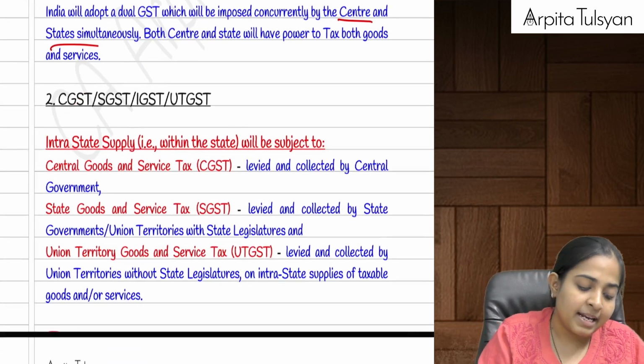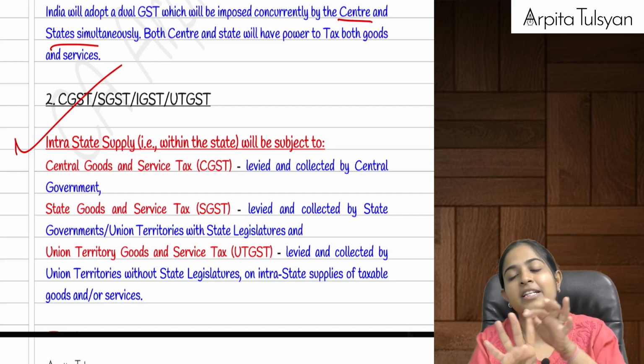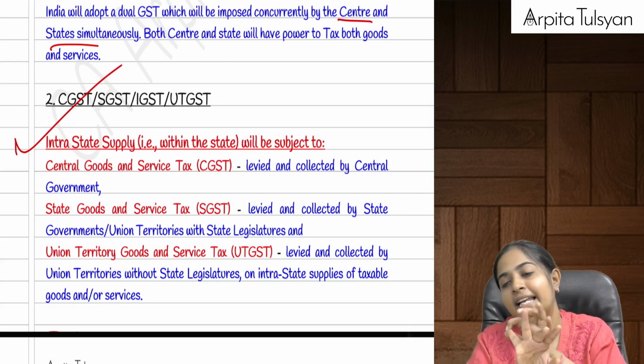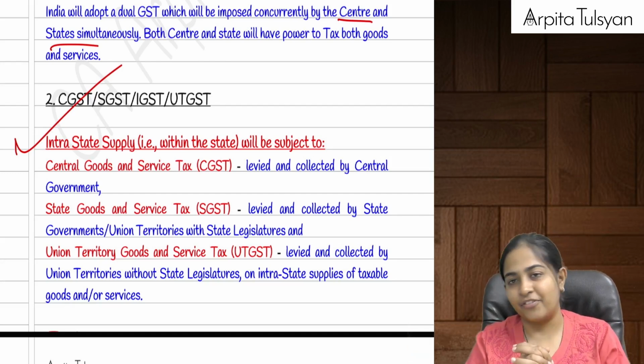Okay, then what are the types of taxes under GST that will be levied? Four types of taxes: CGST, SGST or UTGST, and the last one is IGST. Now, which type of tax will be levied when?